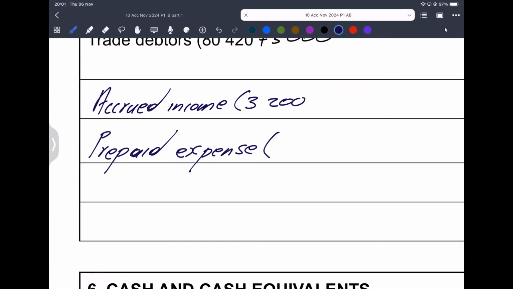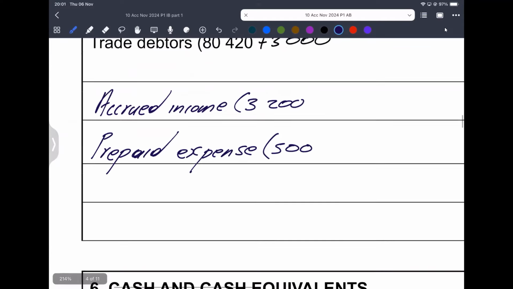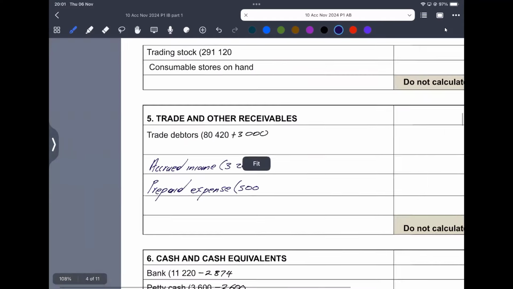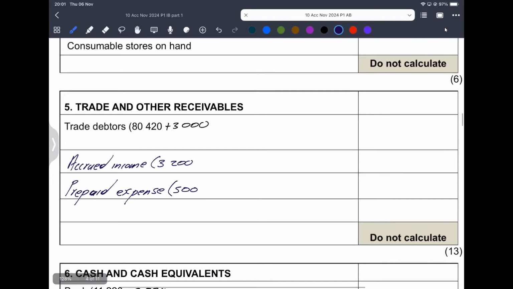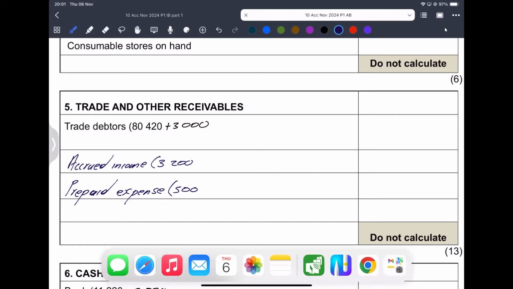In this case, it will be that 500 rand that we paid but have not yet received because it was not delivered to us. So when it comes to packing material or stationery that was ordered but not delivered, you minus it from the actual expense and then you add it to prepaid expense.